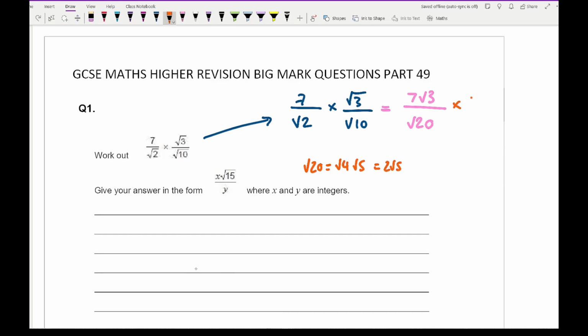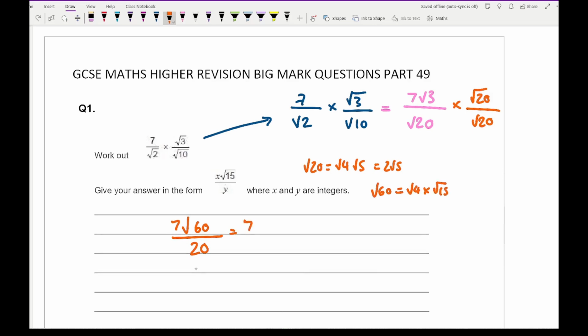So here I'm just going to simply multiply by root 20. From this, we're going to get 7 root 60 over 20. And then all that's left for me to do is simplify this, because obviously we need to try and get our root as 15. So root 60 is the same as root 4 times root 15.